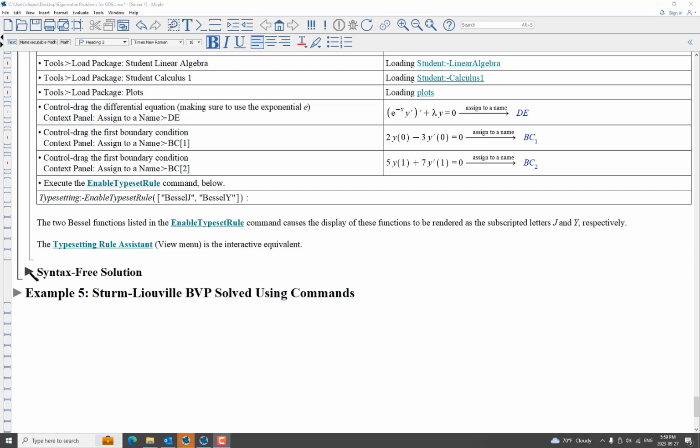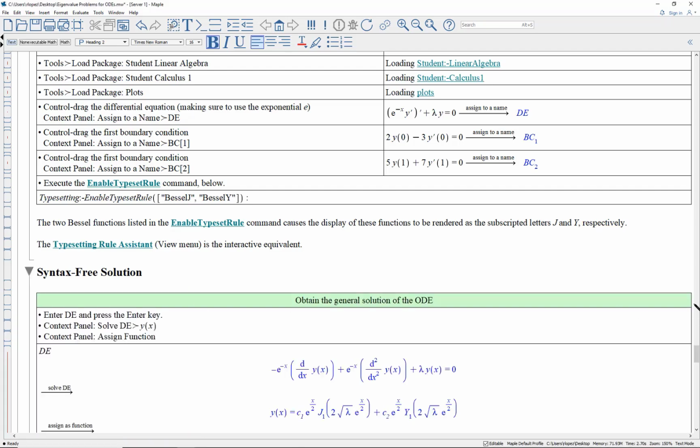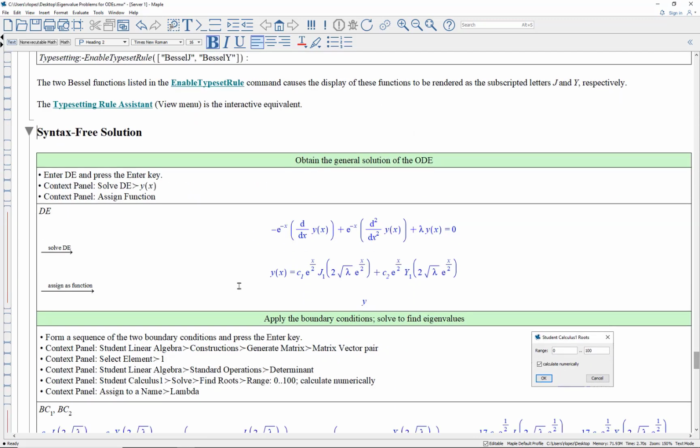So here's a syntax-free solution to this problem. Differential equation echoes back. Context panel, solve the DE. You get this solution. So the Bessel function J1 and Y1. And I assign this as a function, so now Y is this as a function.